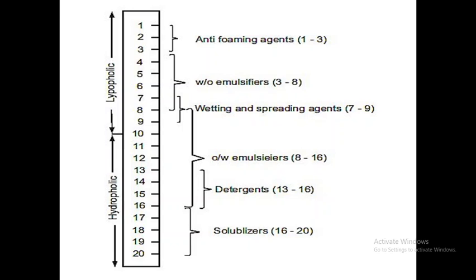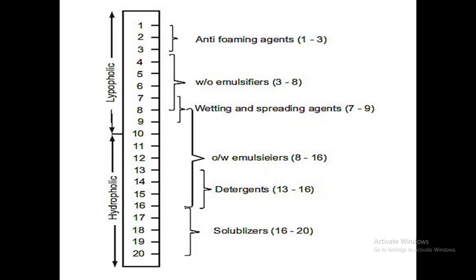Those having HLB value 7 to 9 are used as wetting as well as spreading agents in pharmaceutical formulations like suspensions. Those having HLB value 8 to 16 are used as emulsifiers or stabilizers for the formation of oil in water type of emulsion.